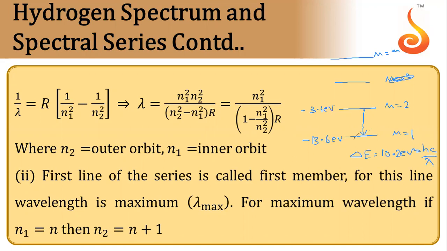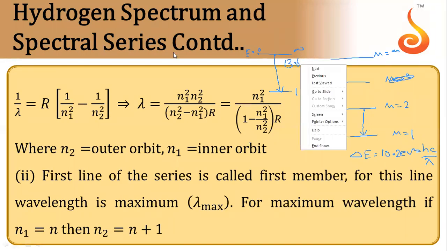Now, let's say the electron moves from n equals infinity to the first orbit. Here energy was 0 and here energy is minus 13.6. In this case, the energy difference between these two orbits is 13.6 electron volt. I'm writing this wavelength as lambda 1 and the other as lambda 2.